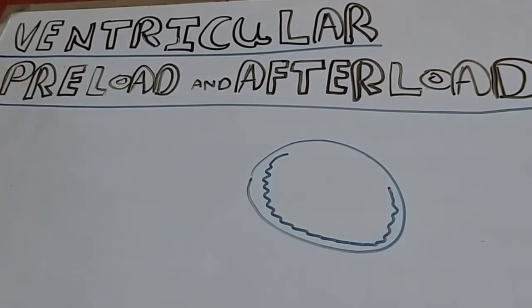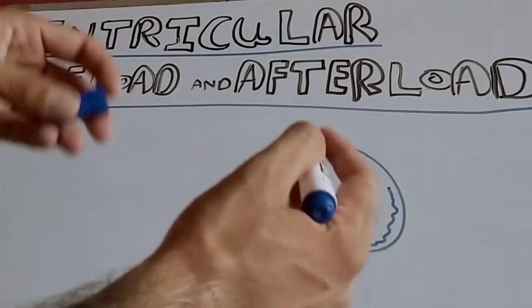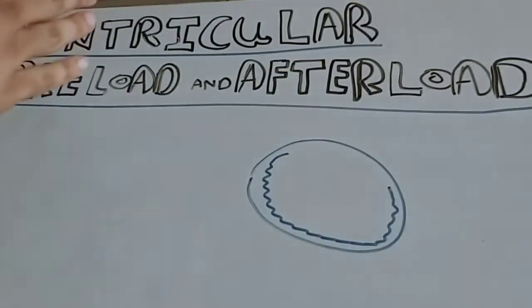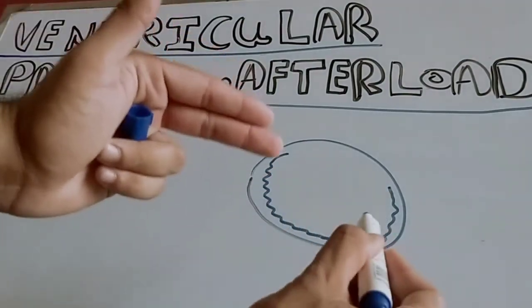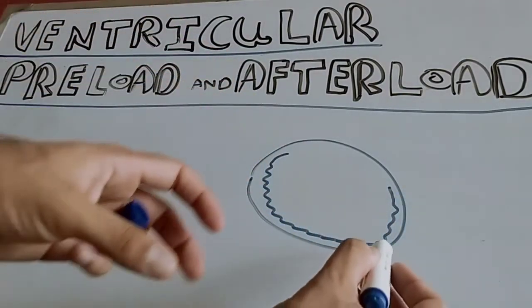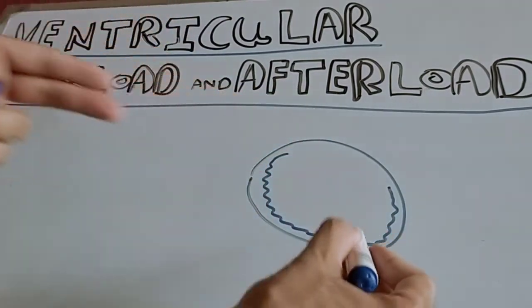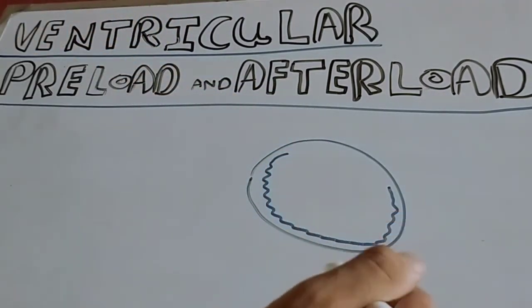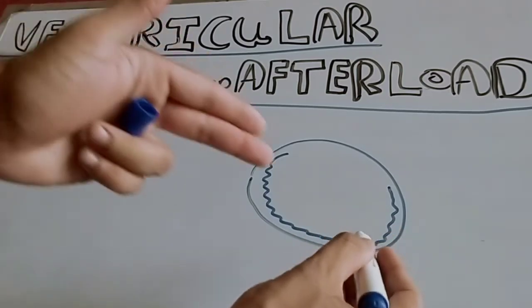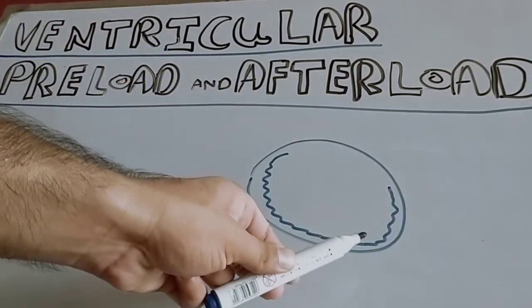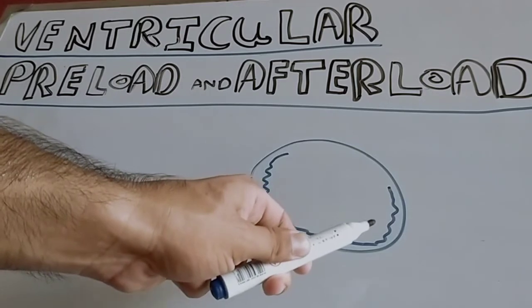So you can say that the more blood, the more preload, and the more contraction. Now the blood is not ready to move out of the ventricles, and also the walls of the ventricle are in the tense phase, not the relaxed phase.